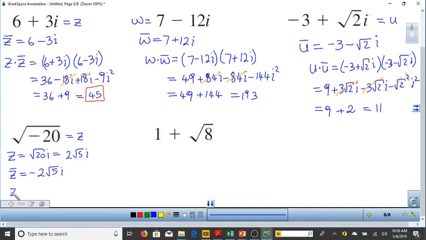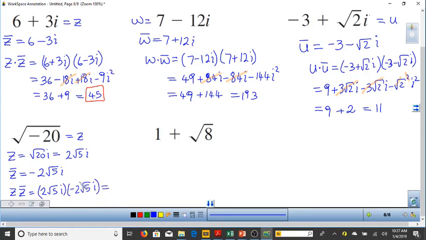So when we multiply z by z conjugate, we get 2 square root 5 times i times negative 2 square root 5 times i.